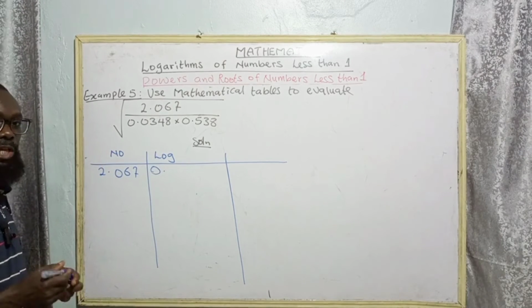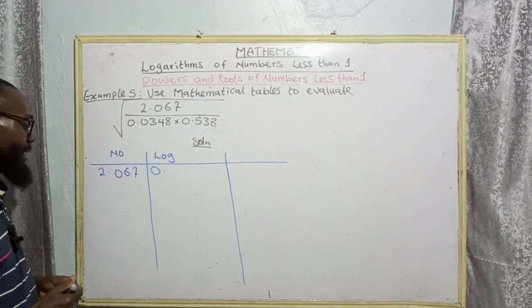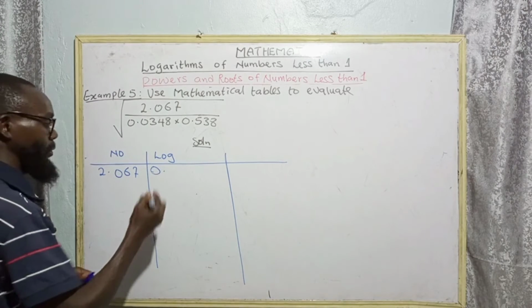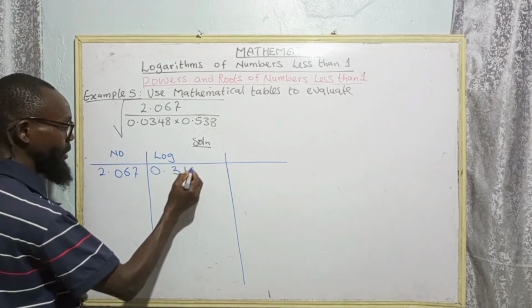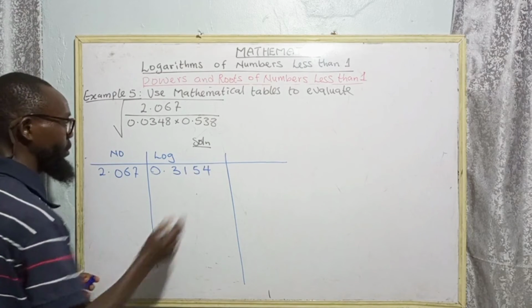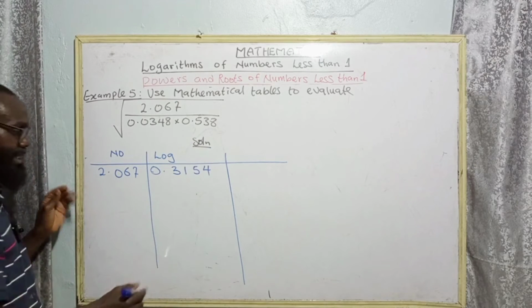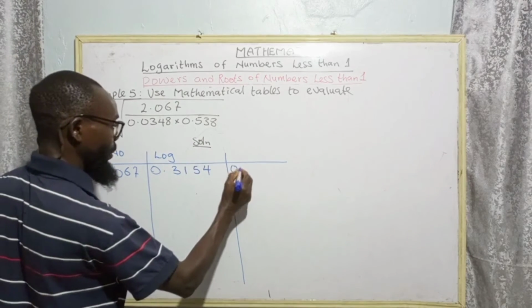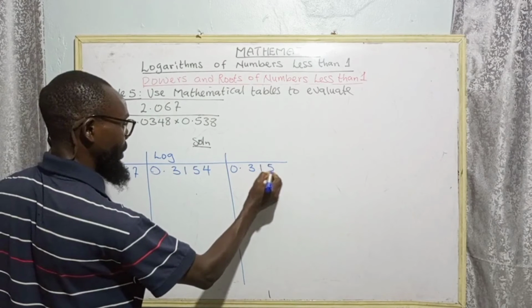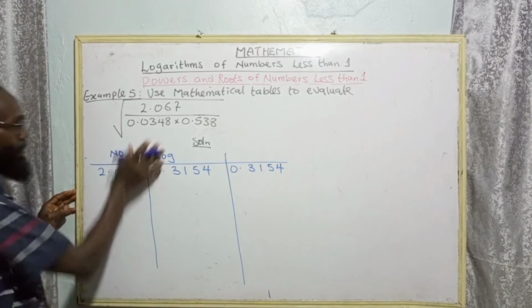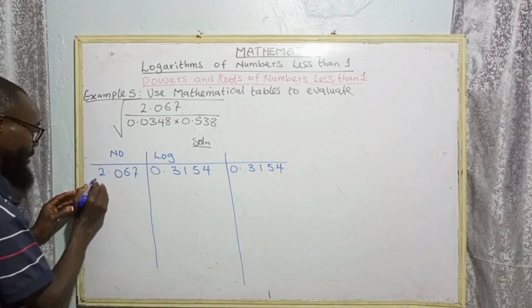Then we check our logarithm 20 under 6.7. We have 3, 1, 5, 4. So that is the numerator. Let's take it to the other side. 0.3154.